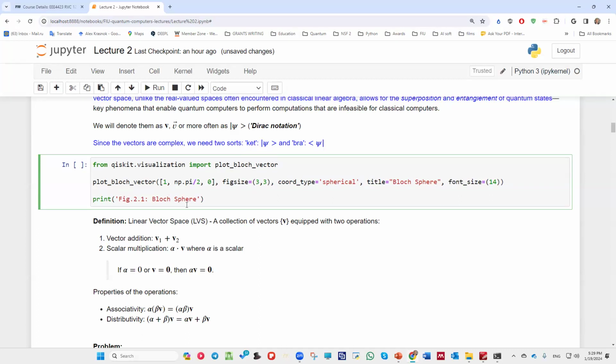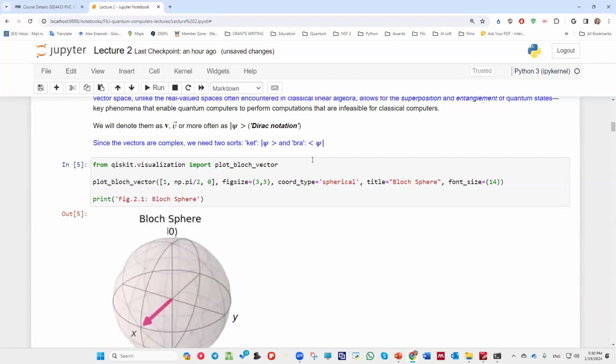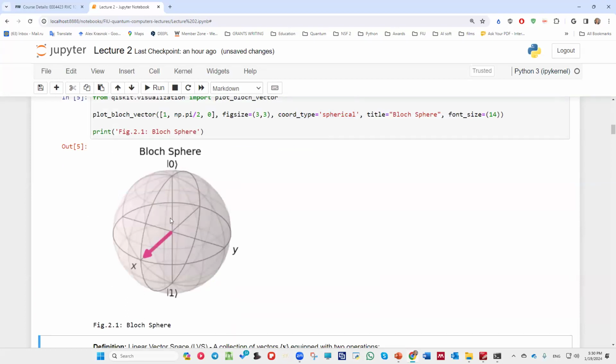There is a tutorial, of course, on how to use these functions. This particular function, if the coordinate type says spherical, means that I use a spherical coordinate system. In this system, I give the coordinates of the point on the Bloch sphere, and other attributes like figure size and the title are just decorations. If I run this piece of code, I get this Bloch sphere representation.